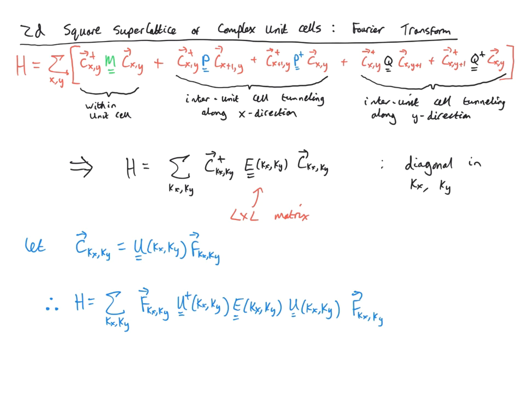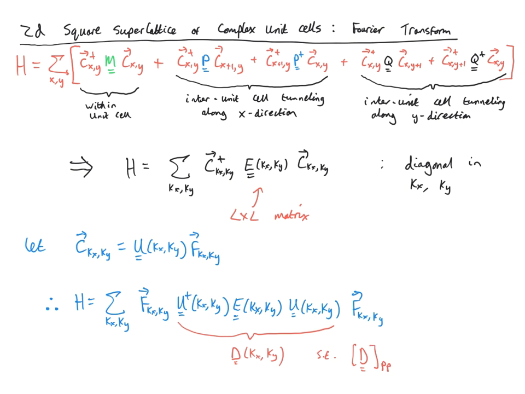And the whole point is that we choose, for each value of kx and ky separately, a matrix U such that the combination U† E U is a diagonal matrix D, which of course still depends on momentum kx and ky, such that this matrix D is a diagonal matrix.